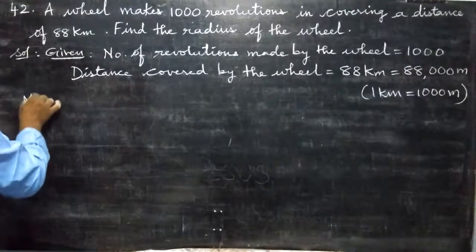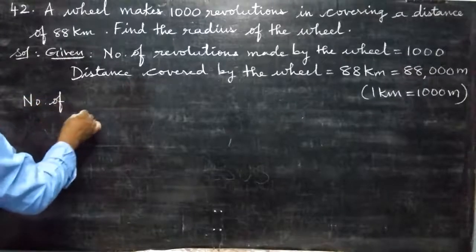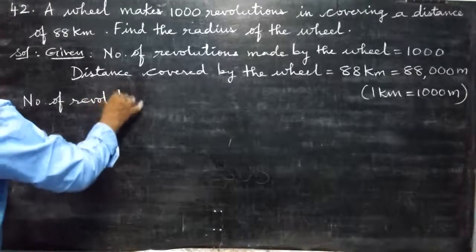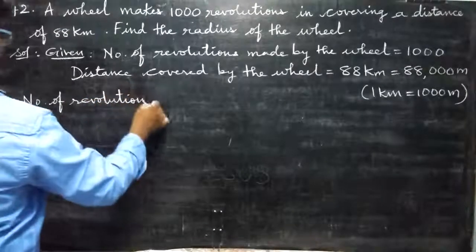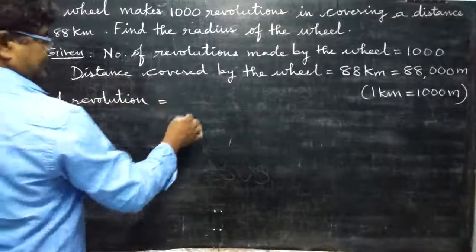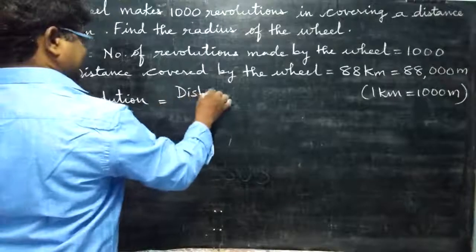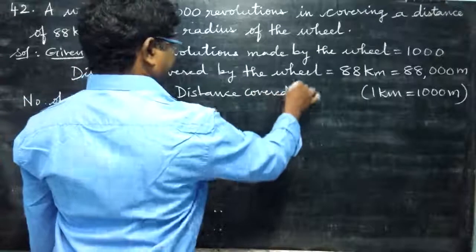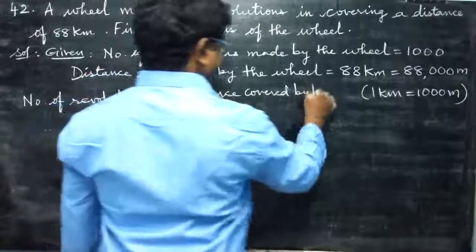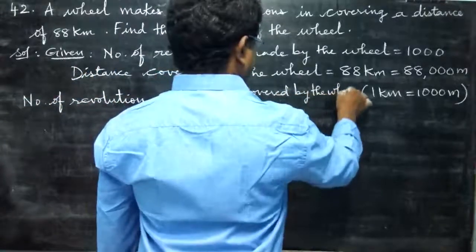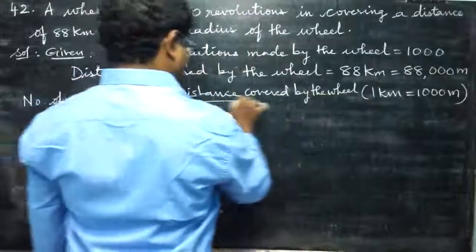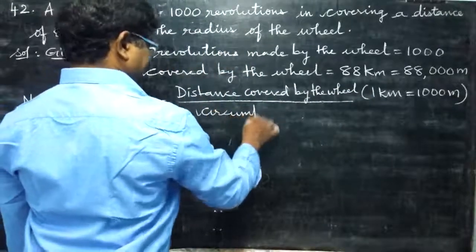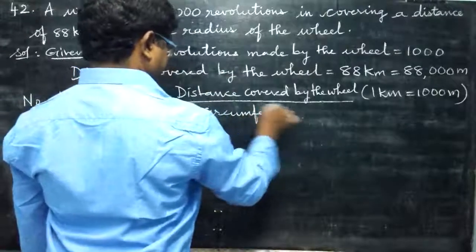Now, the formula. Number of revolutions made by the wheel, write it completely, is equal to distance covered by the wheel by circumference of the wheel.